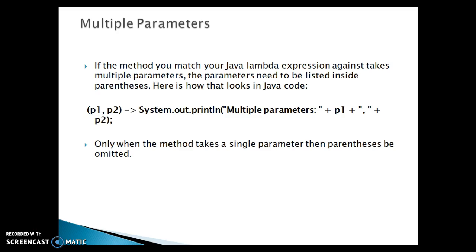If the method you match your Java lambda expression against takes multiple parameters, the parameters need to be listed inside parentheses. Here you can see how the Java code looks. Here I have given parameter 1, comma, parameter 2, comma, parameter 3, and so on, right? So if you have multiple parameters, then specifying the parentheses is not optional, it's mandatory.